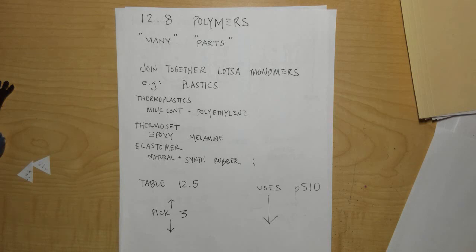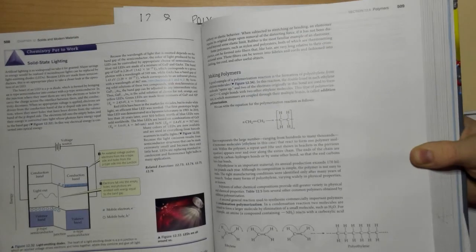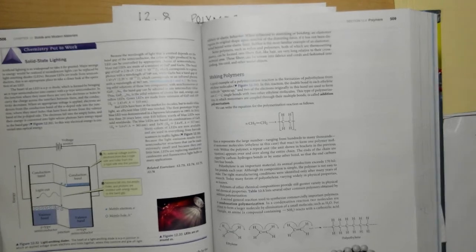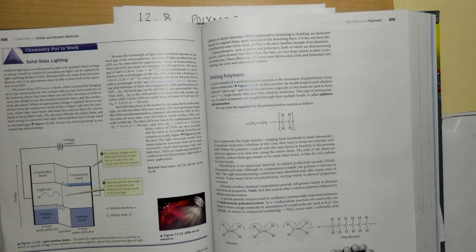Many polymers are plastics, and an example is on page 509 of your textbook, where we can take the monomer known as ethene or ethylene. See, it has two carbons, two hydrogens, and a double bond right here. Break one of the bonds, and then use that to connect more of these CH2s together. And then you get a long chain of CH2s, long meaning like millions of them together.